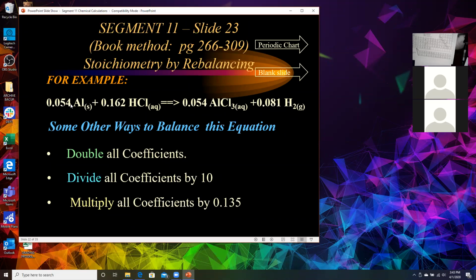Look, 0.054 moles of aluminum. Well, you take the 0.054 and when you multiply that by 26.98, that gives you the grams of aluminum now shown in this balanced equation. It would still be that many grams of aluminum in this many moles of aluminum chloride. It would still be balanced by mass as well.